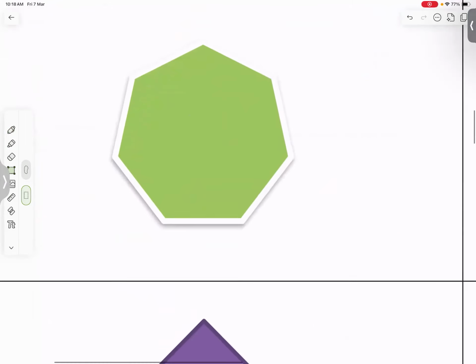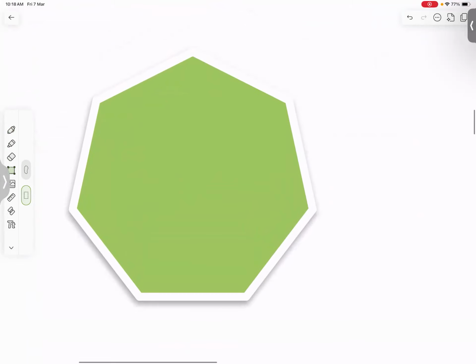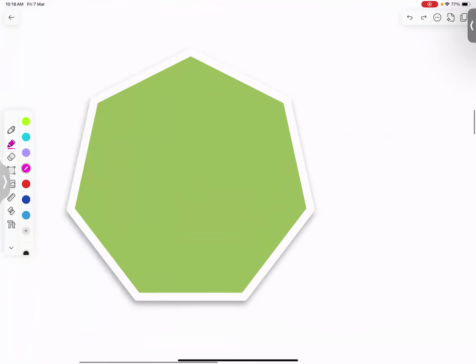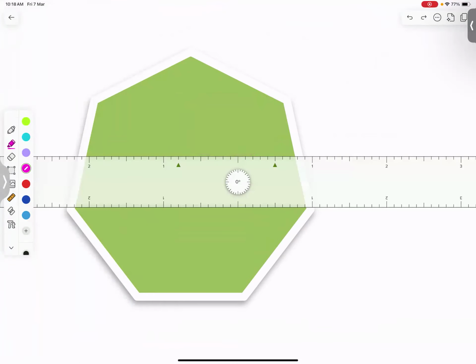Normally these sides look not equal, but if we observe closely, with the help of a scale, you can check whether the sides are equal or not.